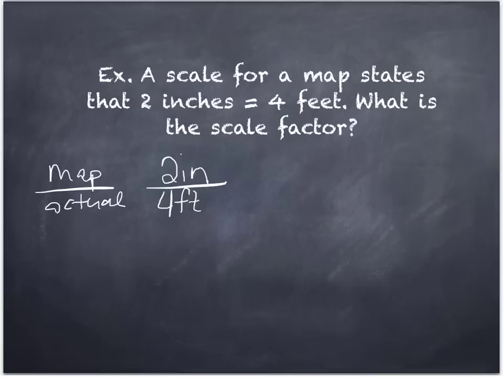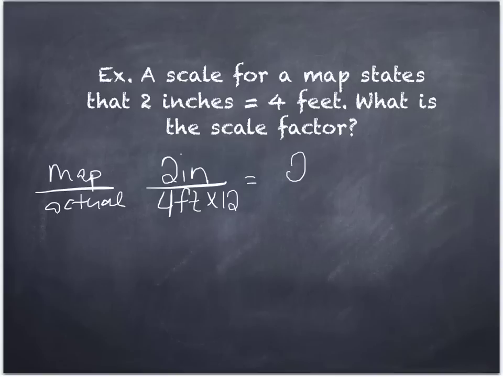Now we want to get rid of these units, and the only way to do that is to make them 1 unit. So instead of having 2 different units, inches and feet, you need to have 1. We need to change our feet to inches. If you think back to previous years, you learned that there are 12 inches in 1 foot. So if you have 4 feet, you multiply it by 12.